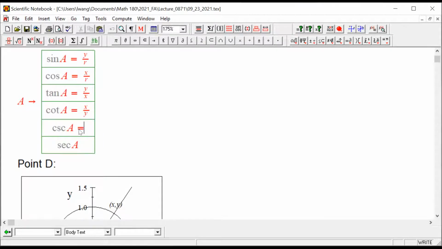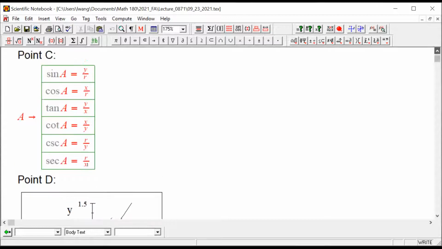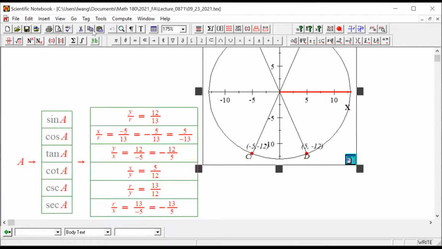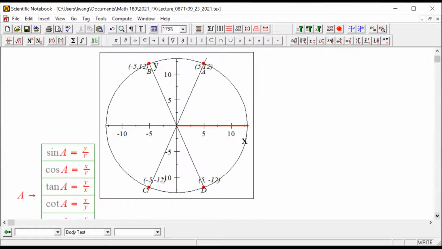You need to identify x, y, and calculate the r. You got it? Everybody? Do that for C and D. If you want to go to Farouz's room, he will be there, and if you want to just stay here and calculate, I'm going to give you a couple minutes.